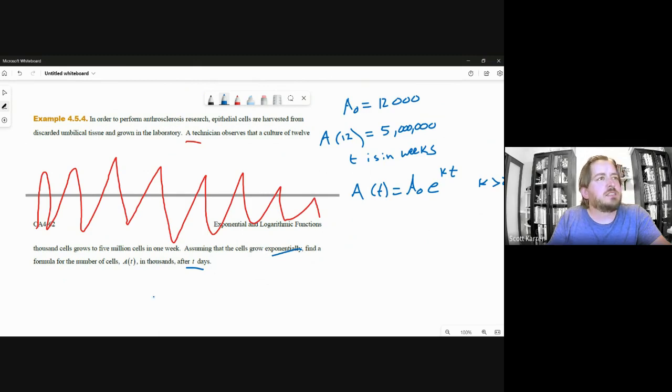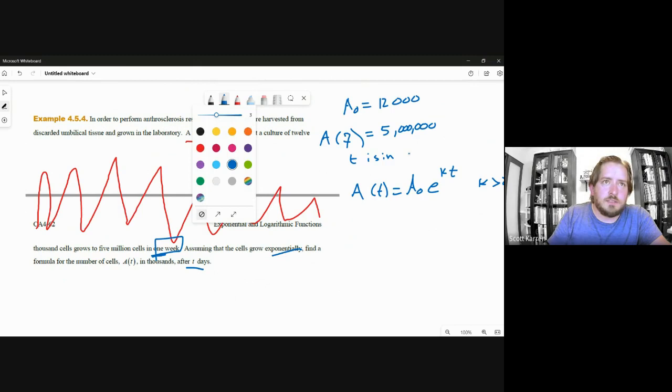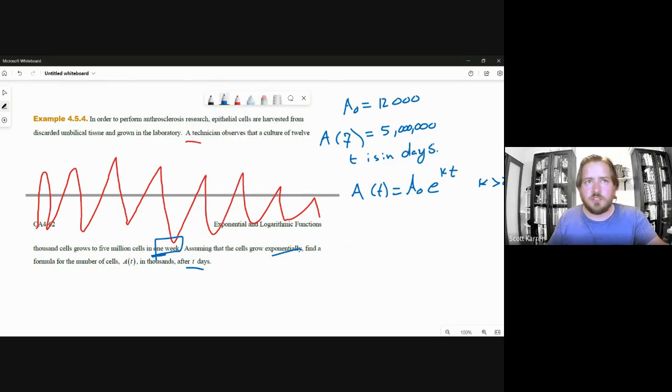Oh, just kidding. I don't know where I got 12 from. But this happens in 1 week, so I'm going to erase this. It's not A of 12. It's going to be A of 7. And t is now in days. Also, make sure you can read English, which is apparently difficult for me.